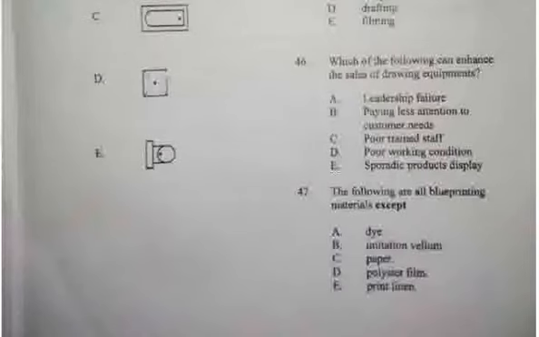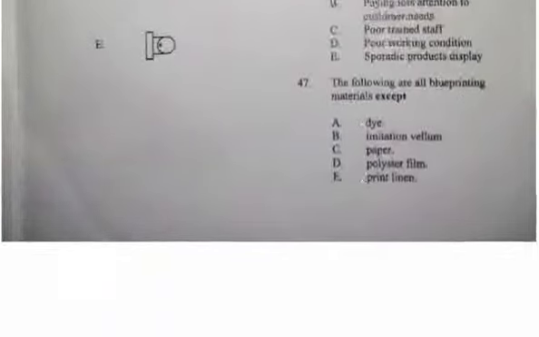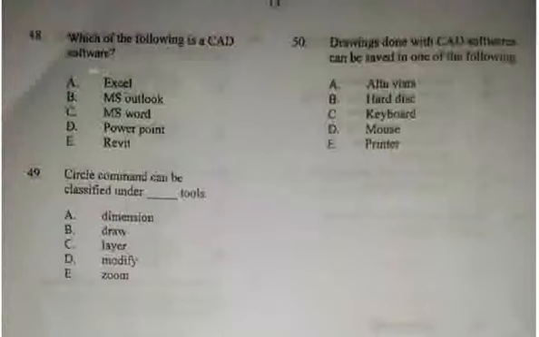That is option E, is the answer to that question. And question 47. The following are all blueprinting materials except dye. So we move to question 48. Which of the following is a CAD software? So Revit is a CAD software. That is option E as the answer to question 48.